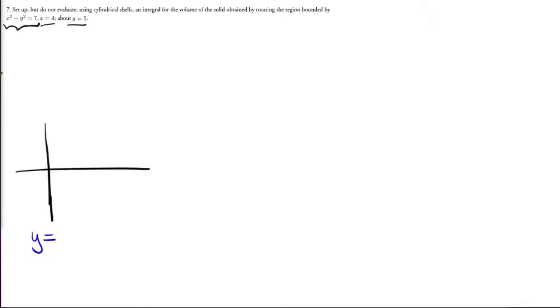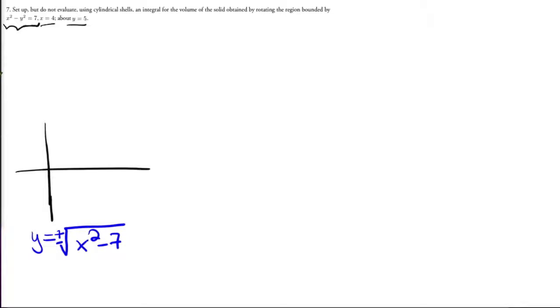So if you solve for y, you get the square root of x squared minus 7, but, this is important, the positive and the negative one.